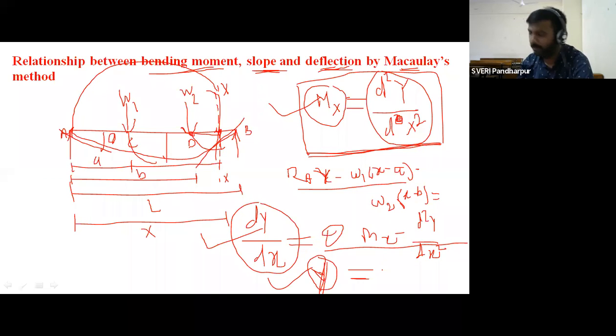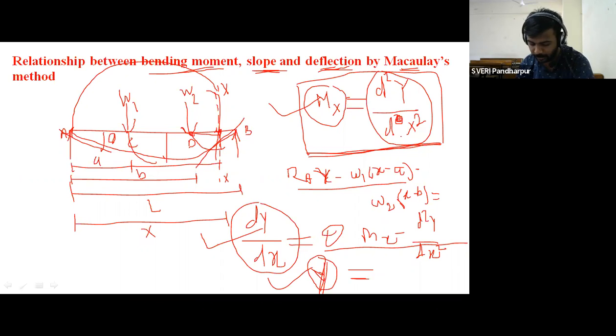Below this explanation you just write down: bending moment at section xx is given by the equation Mx is equal to EI into d square y upon dx square.